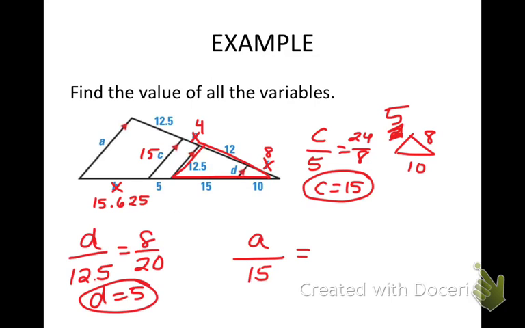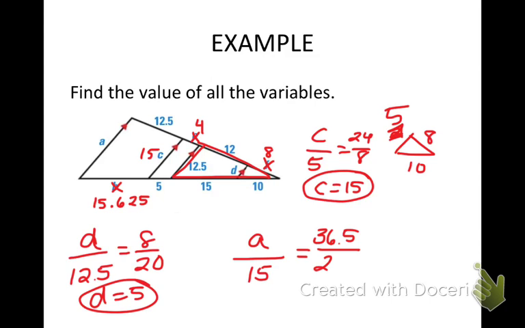So 15, let's do the top half. So A's top half's whole length is what? 20 plus 4 is 24. 24 plus 12.5 is 36.5. What's the whole top length of the triangle that has C as its left side? 24.